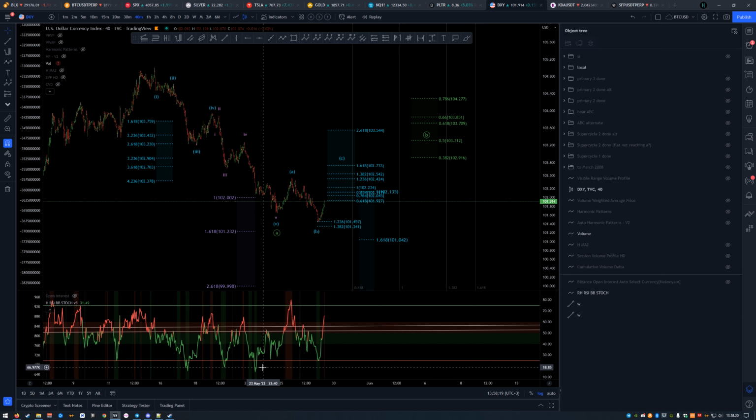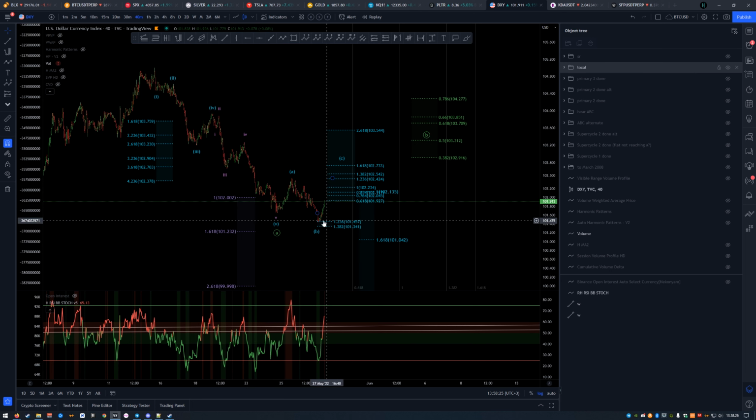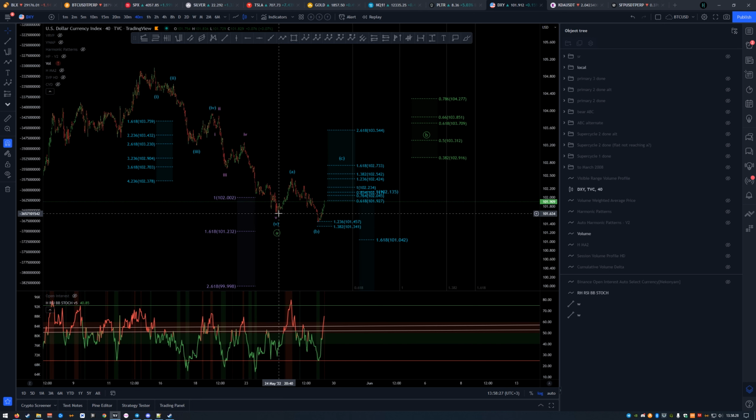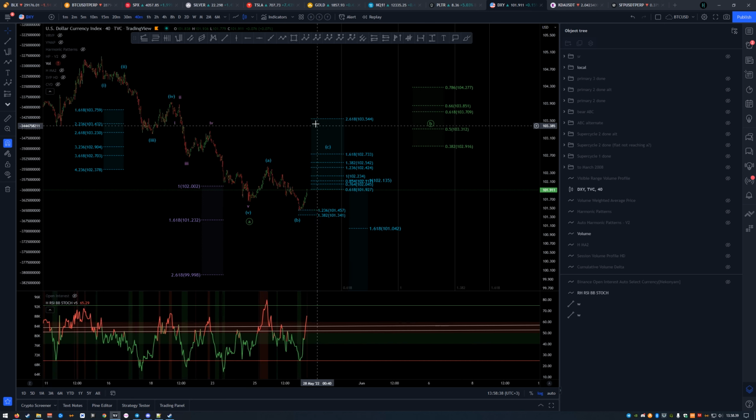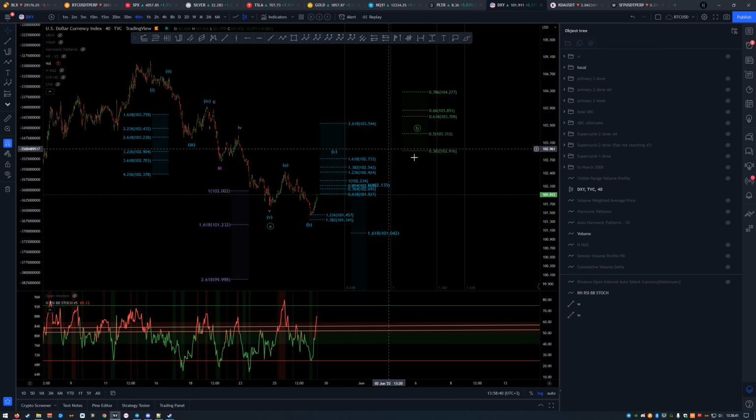Again, better divergence on the last legs here for the 5th, and yeah, even this larger leg here definitely has some divergence. So there is some signs that something actually ended here for sure. And yeah, that is pretty much it.